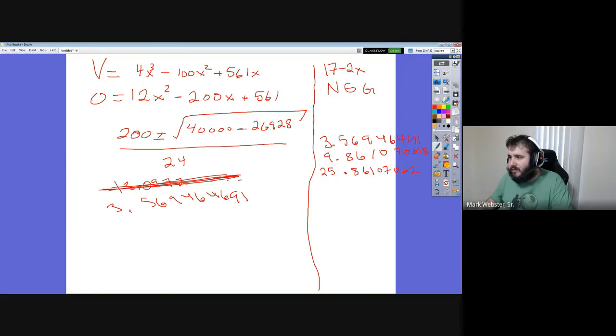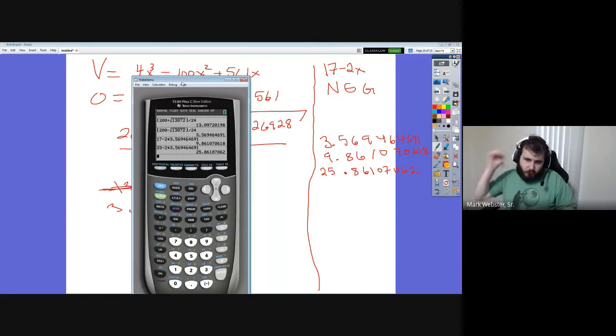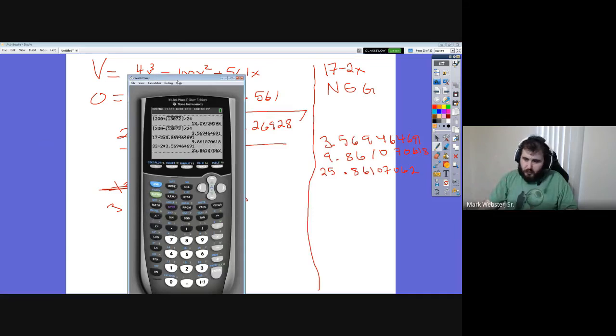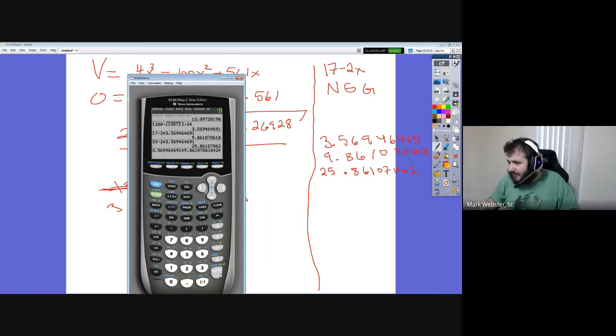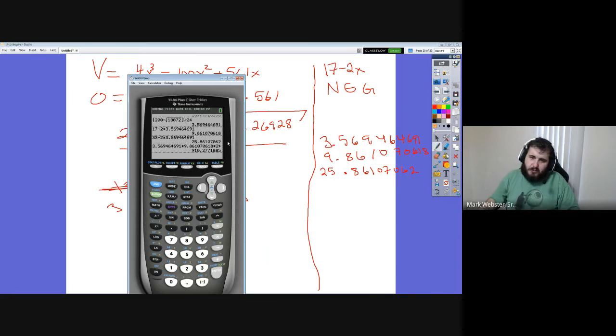And then now all we have to do is length times width times height. So we got length times width times height. Phew. And then there's our volume.